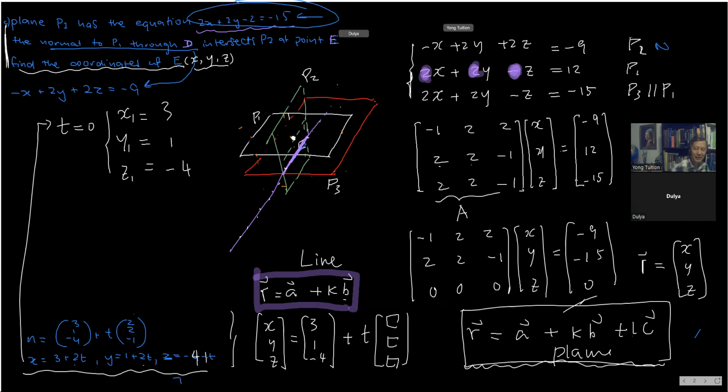You can try. Can you show me? How can we determine another value of t? Oh, you substitute that, it satisfies that equation. Oh, I see.